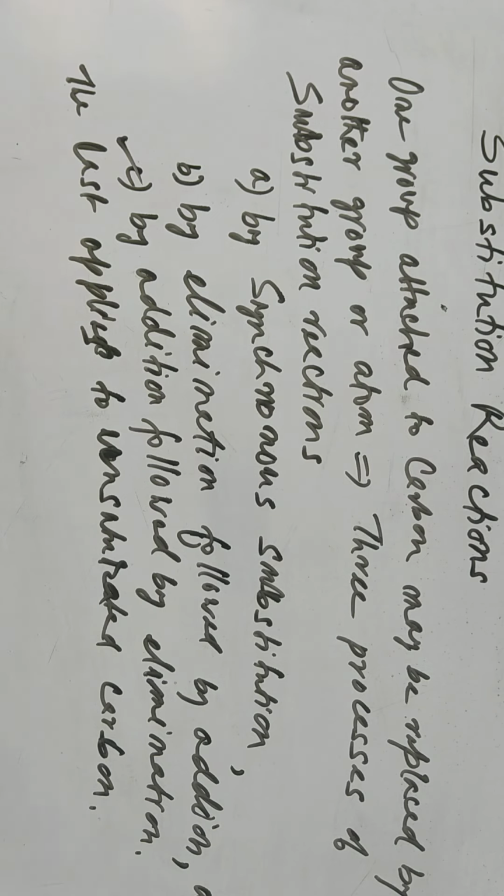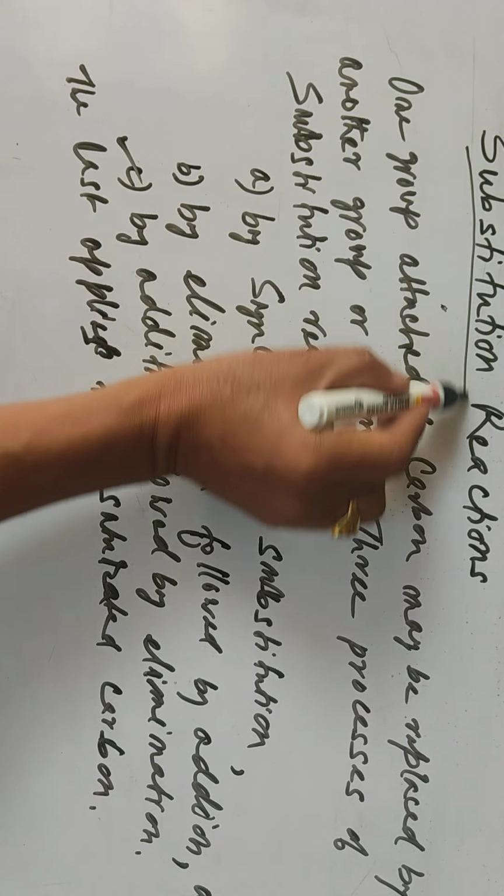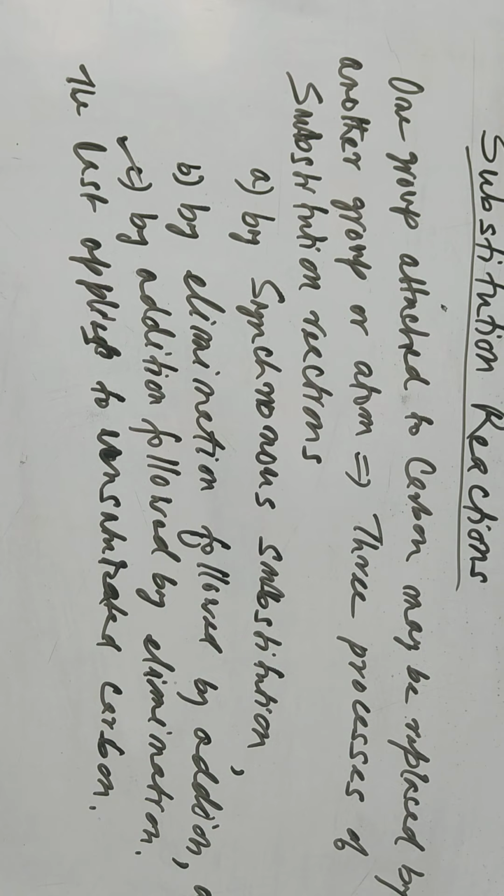Substitution reactions may be defined as when one group attached to carbon is replaced by another group or atom. There are three processes: first one is synchronous substitution, second one is elimination followed by addition, and third one is addition followed by elimination. The last one always applies to unsaturated carbon systems. So let's take one by one.